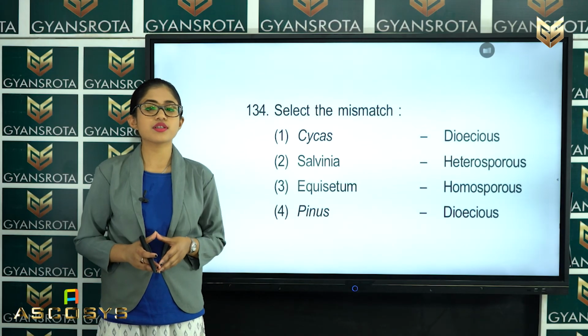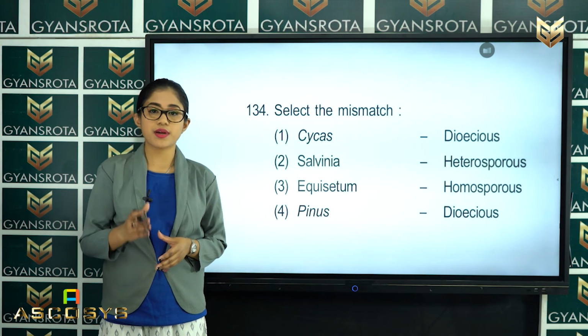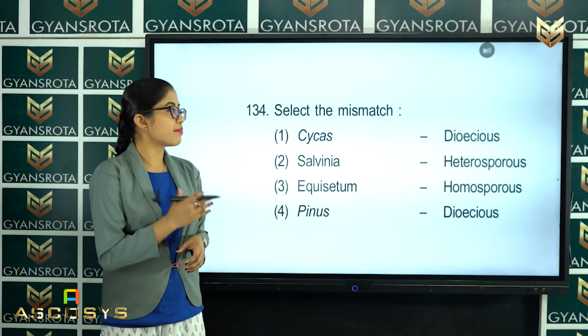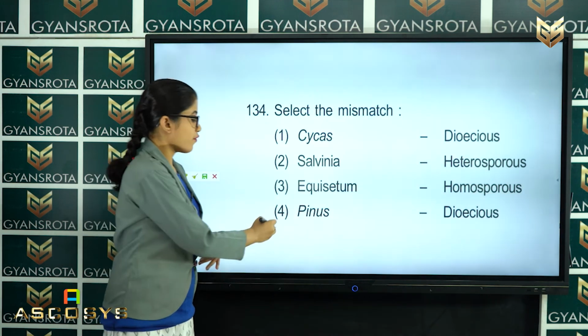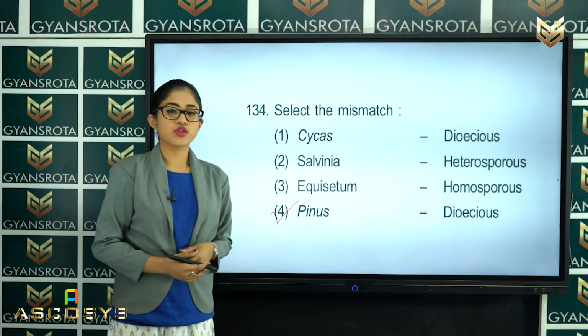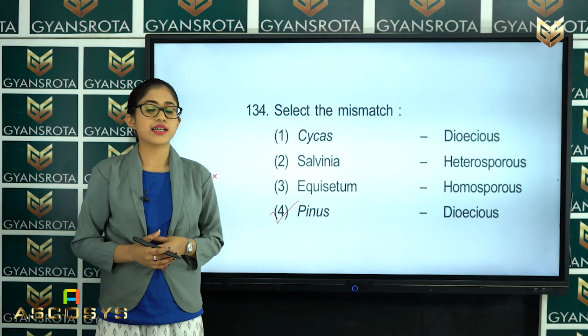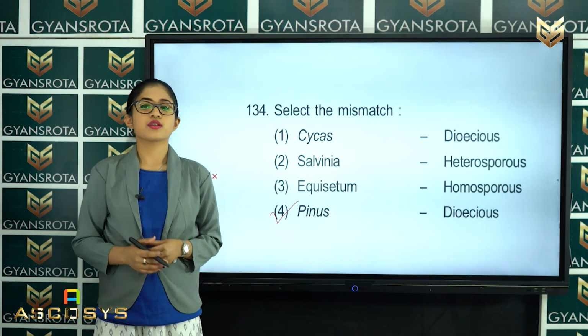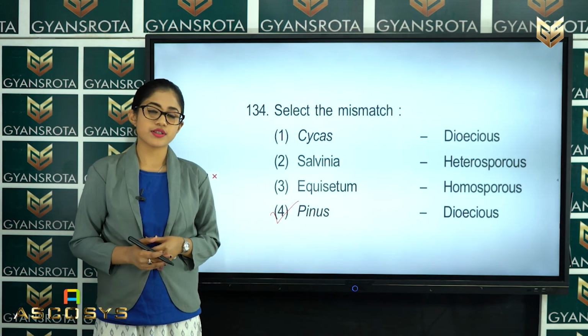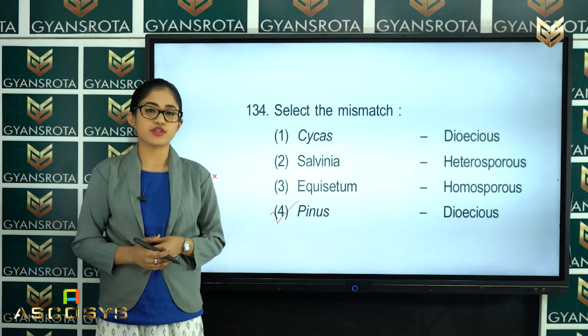This is a very easy question and it has come from the chapter Plant Kingdom. Which among them is mismatched? That is option number 4, Pinus. Pinus is actually monoecious, but here it is written dioecious. So that is incorrectly matched. Now let's move on to the next question.